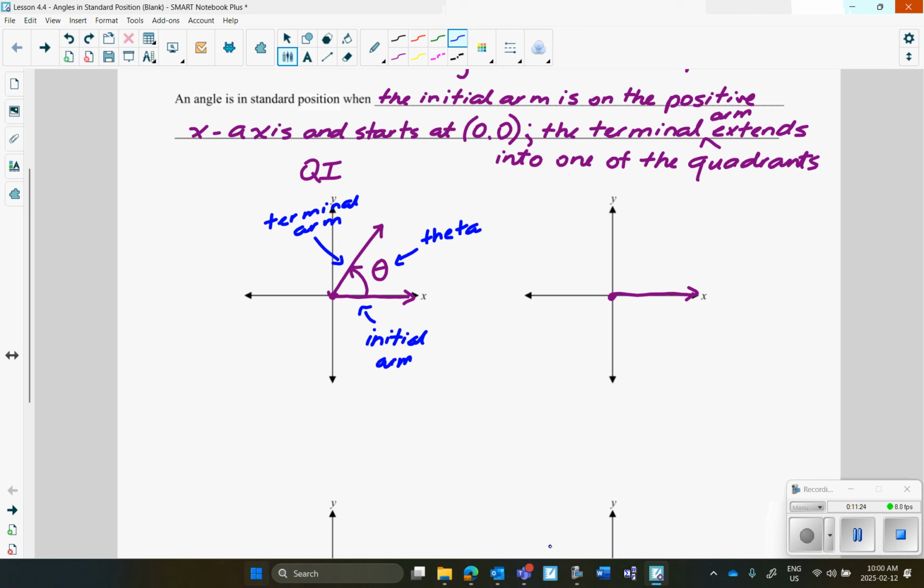What angles could I draw in quadrant 1? Anywhere from where to where in quadrant 1? Well, what if I draw an angle over here? What's the measure? 0. And then up to here? 90. So in quadrant 1, I can draw an angle anywhere between 0 and 90.